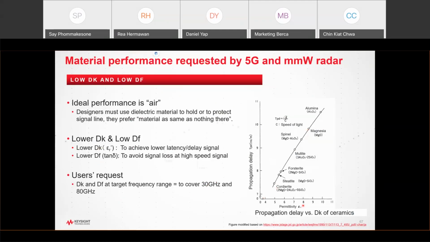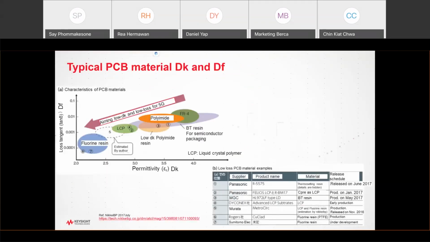This is the permittivity, and this is the propagation delay. So again, the aim for this type of user is low loss. Okay. So you have to use an appropriate method, and the plot here is DK, and this is DF.